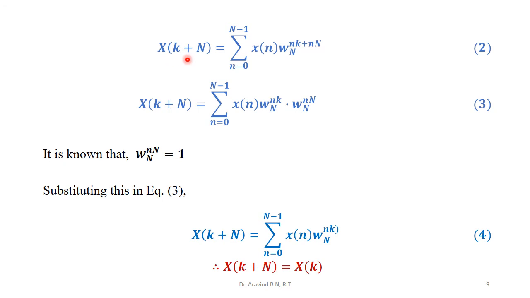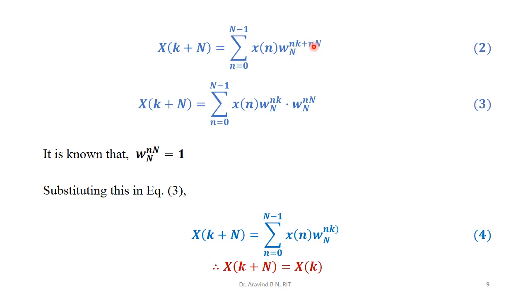Now the left hand side will remain the same. We are not going to make any alterations to that because we need it to be as it is. On the right hand side, let us expand this twiddle factor. Summation n is equal to 0 to N minus 1 x of n omega N to the power n(k plus N) we are going to have.